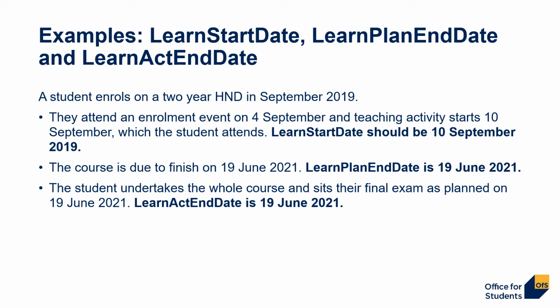Now the LearnStartDate should be the 10th of September because that's when their structured program begins, and that's when they first started engaging with that program. The course is due to finish on the 19th of June 2021, so that's their LearnPlanEndDate. The student undertakes the whole course and sits their final exams as planned on the 19th of June. Therefore, the LearnActEndDate is the 19th of June.